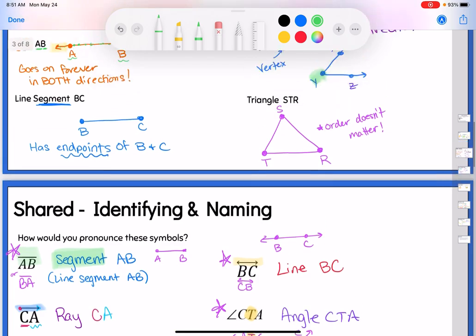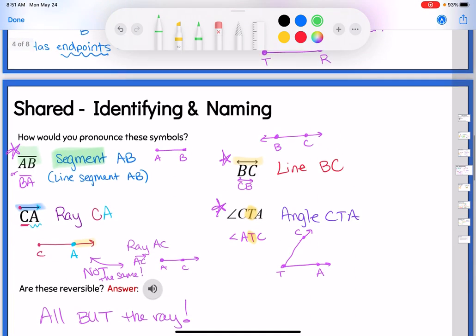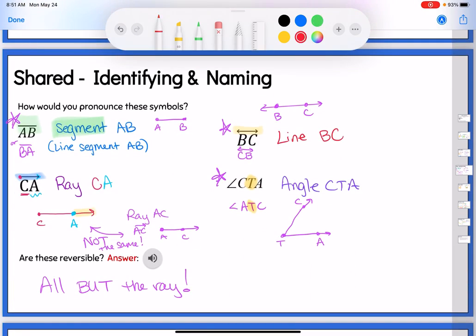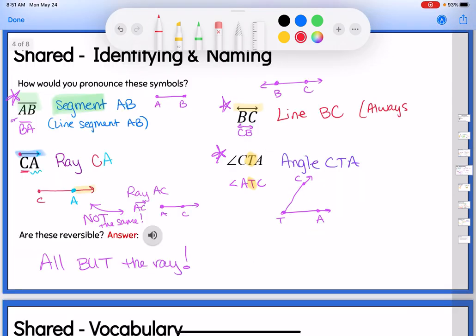Back up here, when we were talking about lines, we always use only 2 letters when we name a line. Always use 2 letters to name, right? We always use 2 letters. Same thing for a segment.